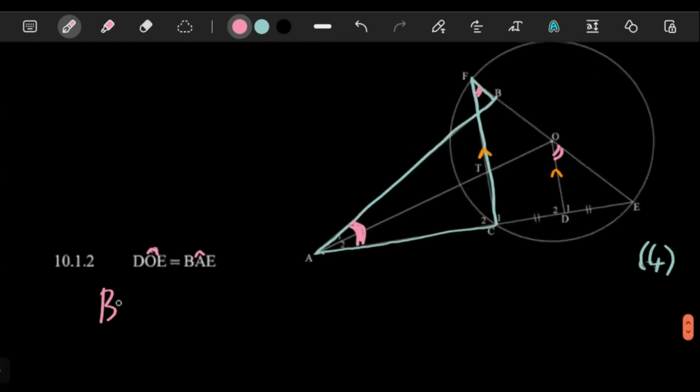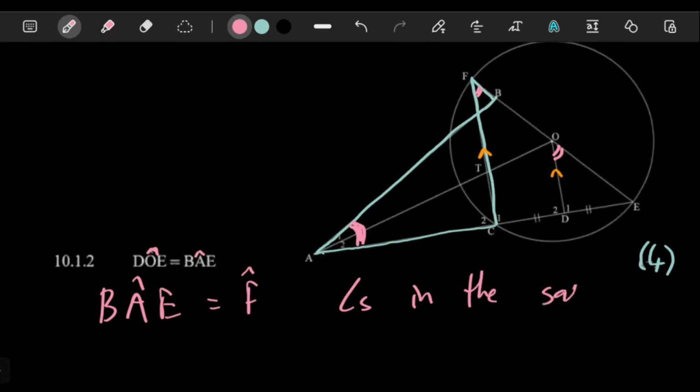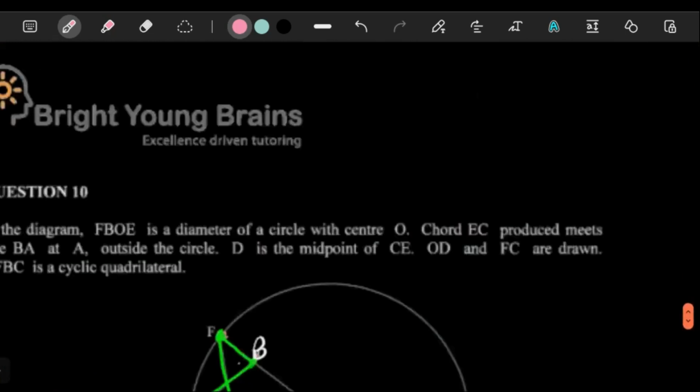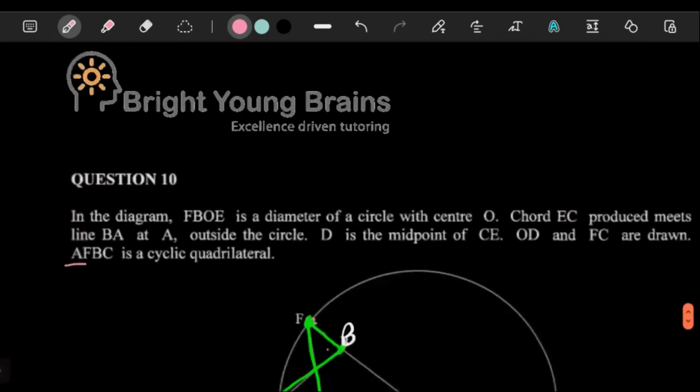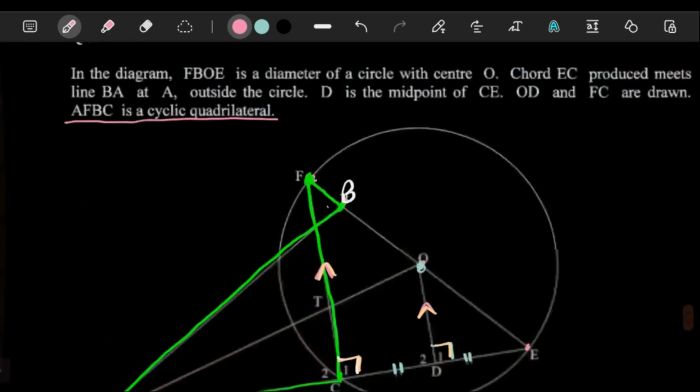So this BAE they speak of is equal to F. And what's the reason? Angles in the same segment. Yeah, angles in the same segment. And we're only saying this because they told us that it's a cyclic quadrilateral. If they had not told us, we could not have said that.